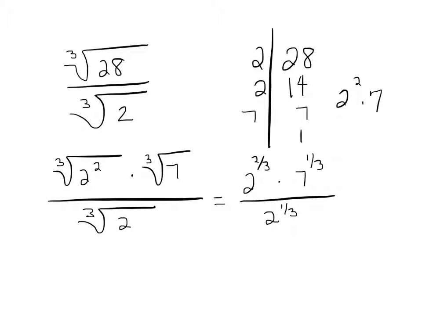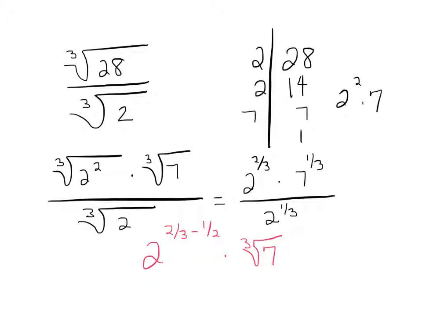Now, these two have the same base. And when you have the same base divided, you subtract the exponents. So I'm going to do 2 to the 2/3 minus 1/3 times 7 to the 1/3. So that's going to remain as that once I'm done.